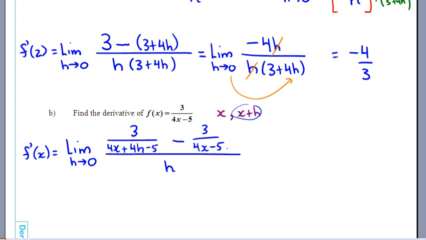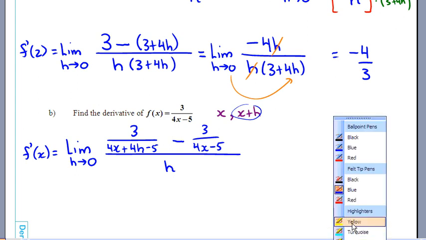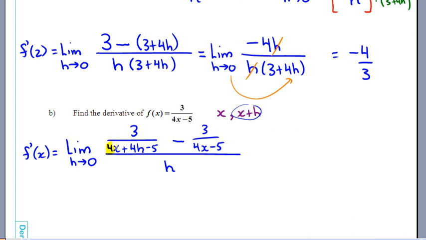Okay, fraction of fractions. Direct substitution is a failure. You can't put 0 in for h, not right now. Maybe later, but not right now. So you have to look around at the little denominators and find out what the least common denominator would be. So here's one of the denominators right here, and here's a different one. They're not the same number. Algebraically, those look different.